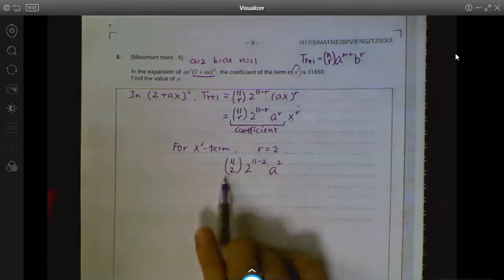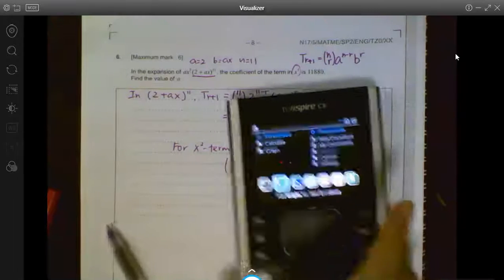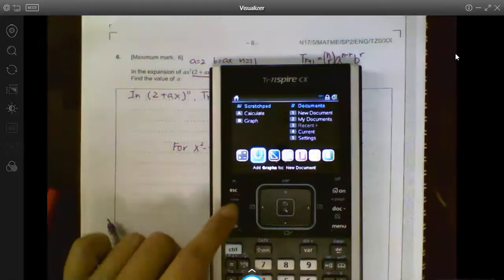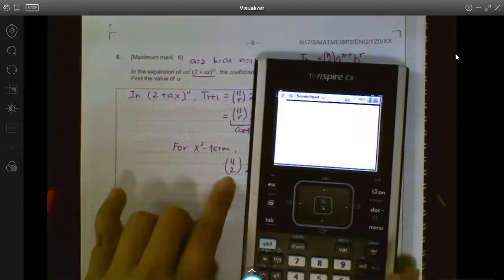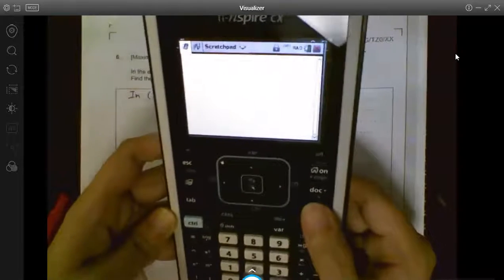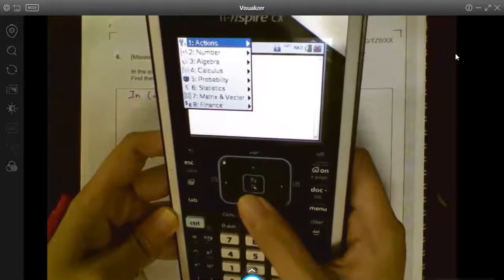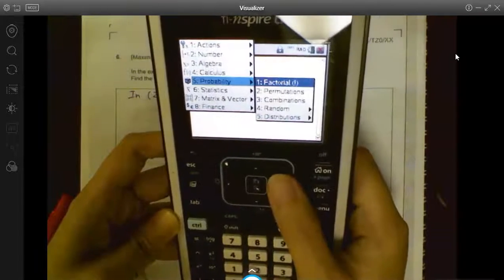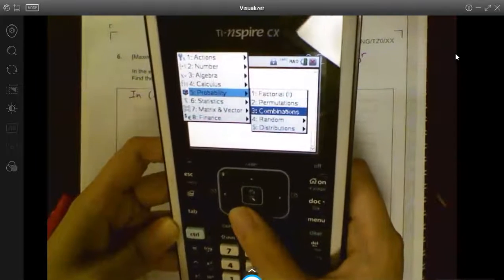And then we have to evaluate this number. So since this is a paper 2, we will be able to use the calculator. So when you turn on your calculator, press this button. And in order to find 11C2, we should use the nCr function. So go ahead and do menu, probability, and then combinations.